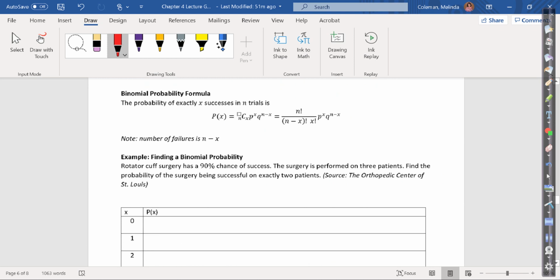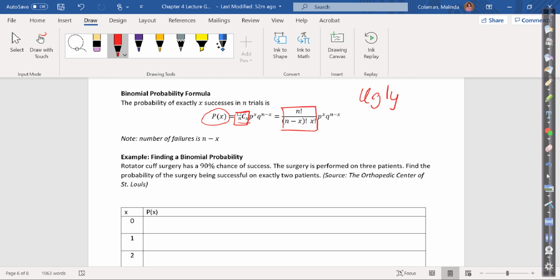All right, now comes some pretty ugly formulas. So we still want to find the probability distribution. So remember, we're still doing a probability distribution. In order to do that, we have to find the probability of exactly X successes. Well, if you look at that formula, it contains a combination, which we've done before, last chapter, the combination, P raised to the X power, so that's your probability of a success, raised to the X power, times Q, your failure, raised to the N minus X power, and then this is just the combination piece.